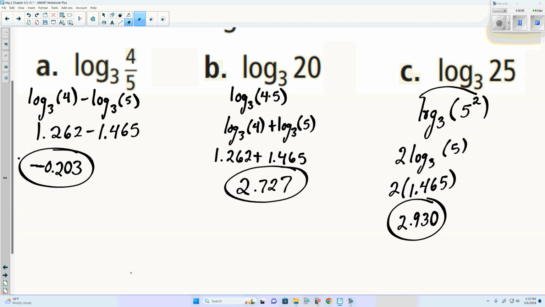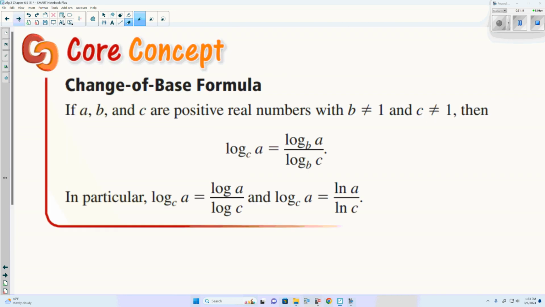Are you ready for the last thing? Yes? All right, are you sure you're ready for change of base? Change of base: log base C of A equals log base B of A over log base B of C. So with this, we can change the base to be whatever we want.